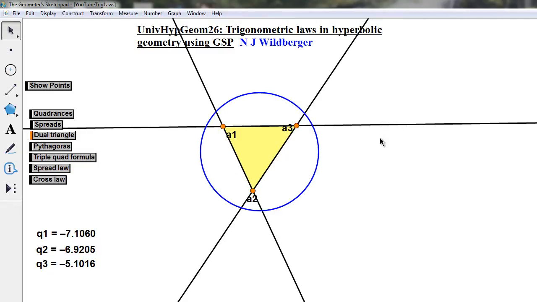So let's delete this and just have a look at these 3 quadrances here as we move the triangle around.